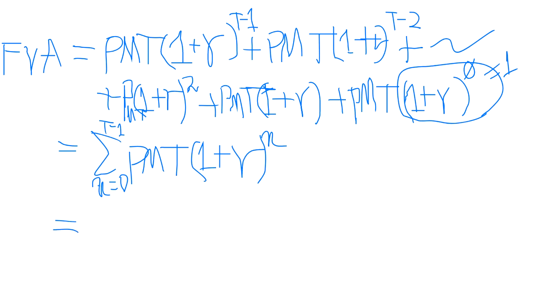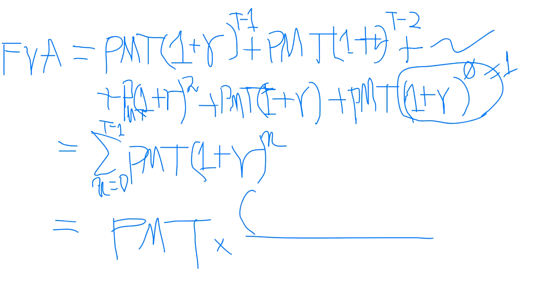We have to use the reduced form, which is basically payment times (1 plus r) raised to n minus 1, over r. Now, that's the formula we need to use.